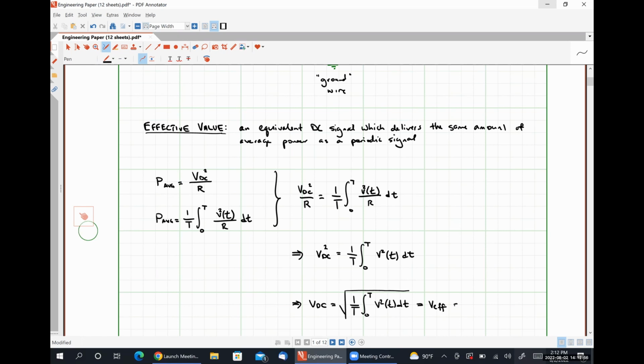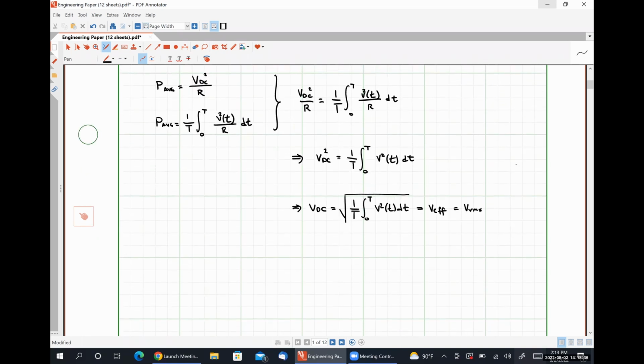And I may also call it VRMS, where the subscript RMS stands for root mean squared. And we use this 3-letter subscript here because it tells us what math we're doing in order to get the effective value. We are taking the square root of the arithmetic mean or average of the square of our periodic waveform.